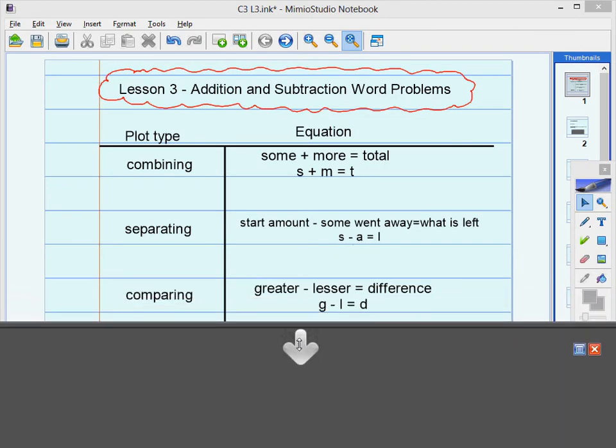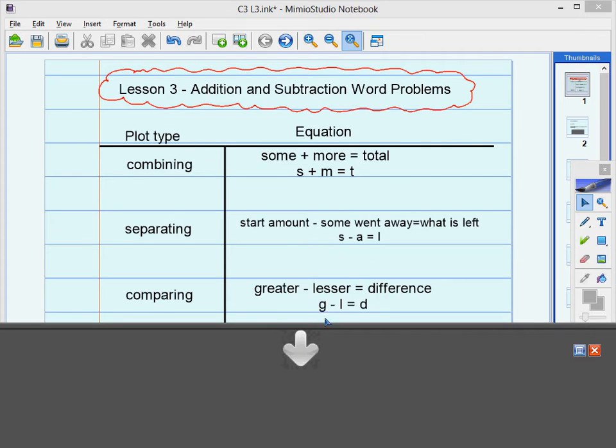The third type of plot, and I should have mentioned there are 4 that we're going to talk about today, is comparing. So if you have a greater minus the lesser, you take the greater number and subtract the lesser or the smaller number from it, and that gives you your difference.